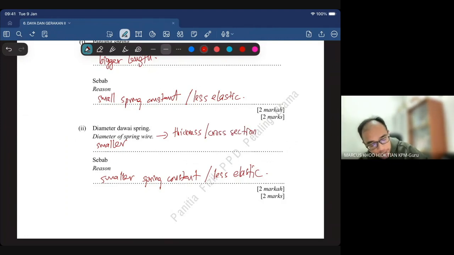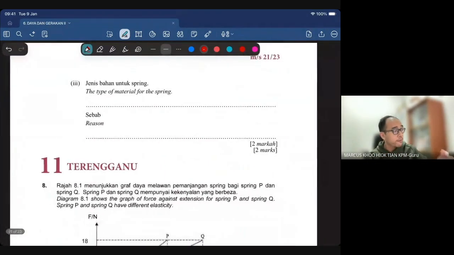All this is talking about the same thing: the diameter of the spring wire, the thickness of the wire, the cross-sectional area of the wire. It comes in these three most common ways of asking this. It's not asking about the thickness of the spring, but rather the wire itself, whether it's a thick wire or thin wire.